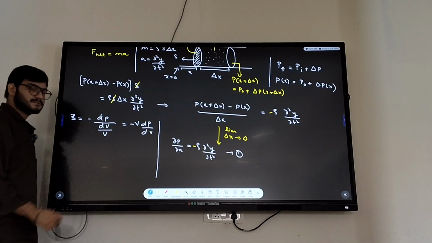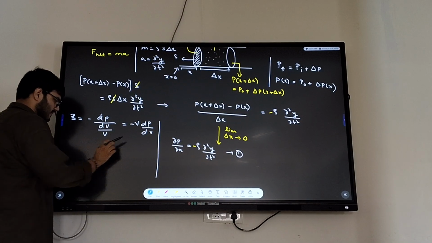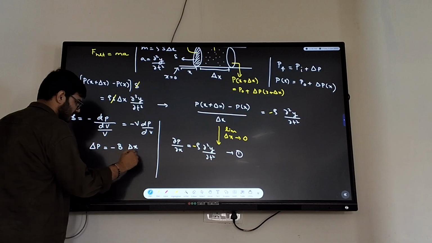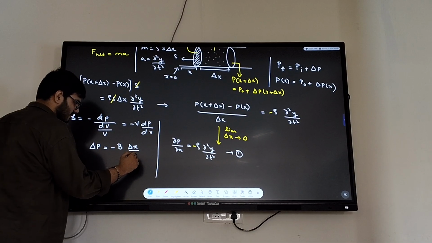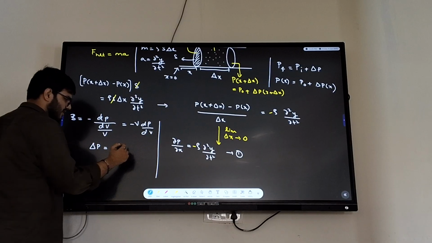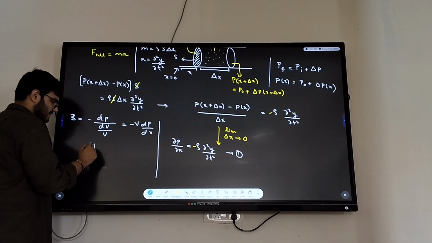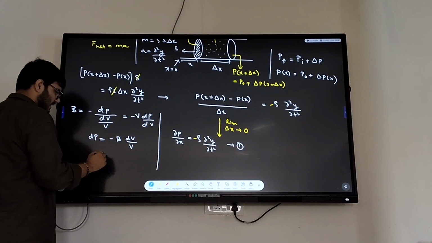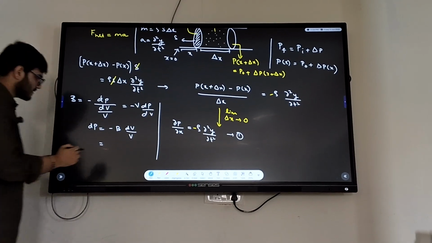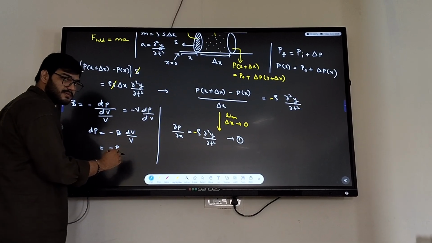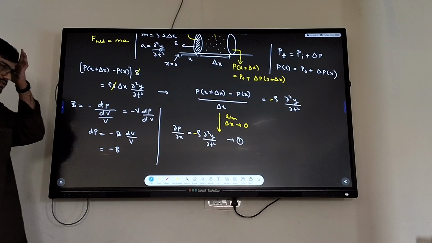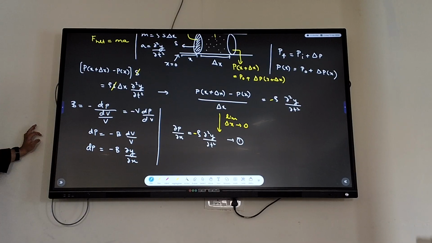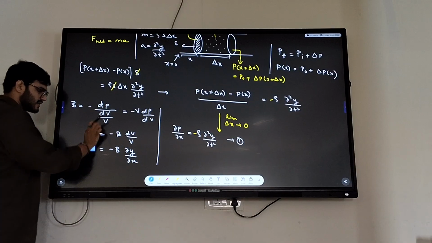Delta P equal to minus B delta V by V, and then I found delta V to be minus V delta y by delta x, I think.